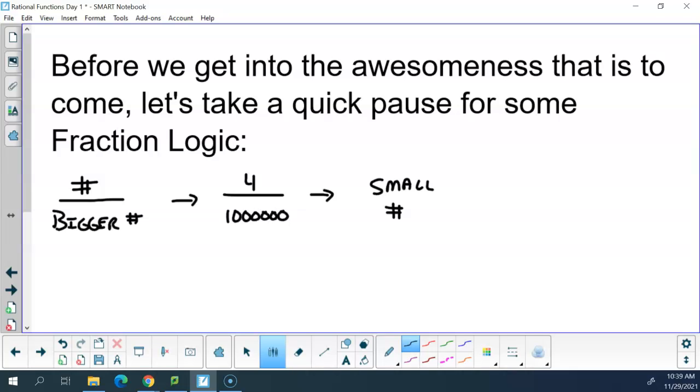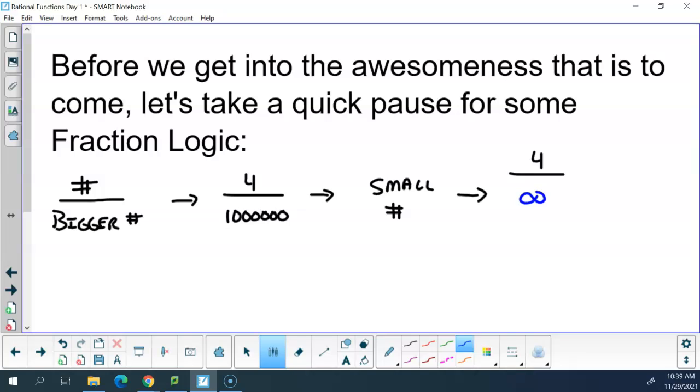So if I send that denominator to infinity, that number is going to keep getting smaller and smaller and smaller as I get closer and closer to infinity, right? So what's that number really approaching?